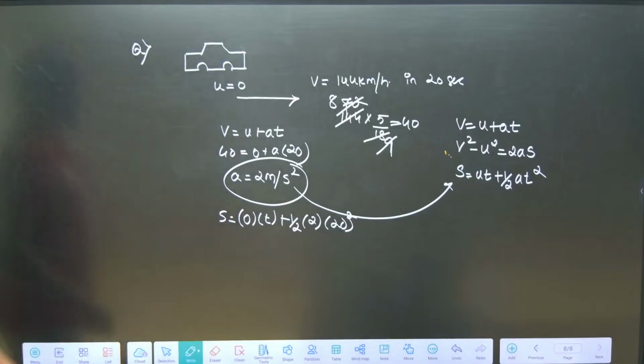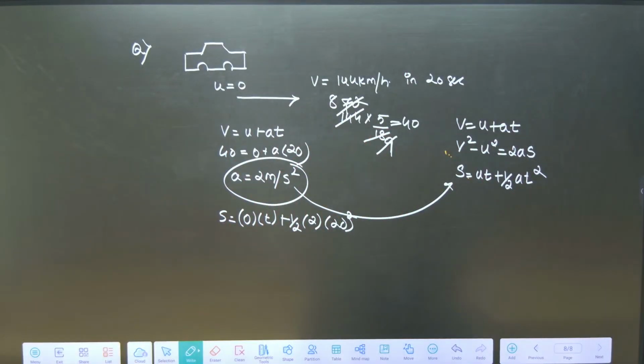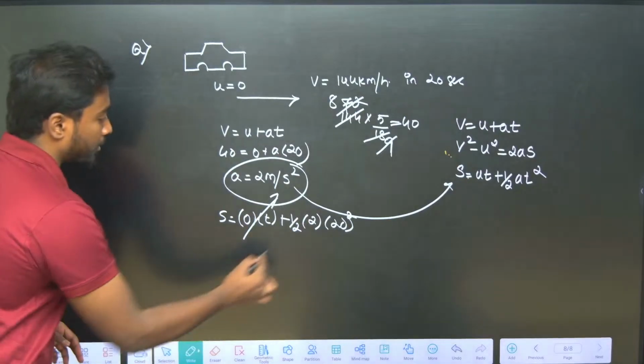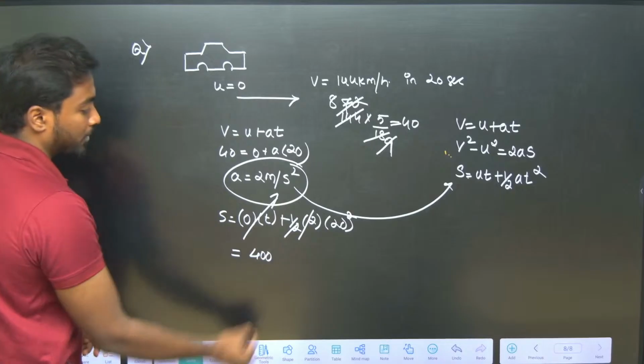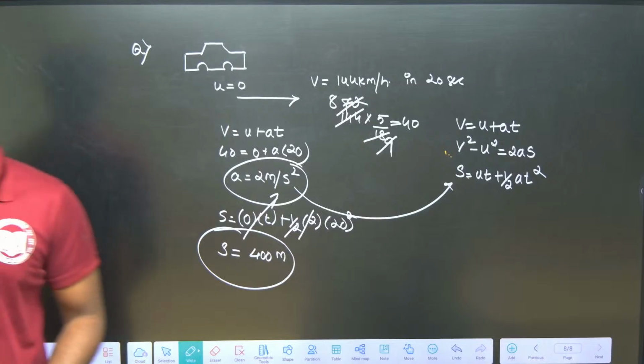So 2 and 2 will get cancelled out, 20 square is 400, so it is 400 meter. So S will be equal to 400 meter, that's it.